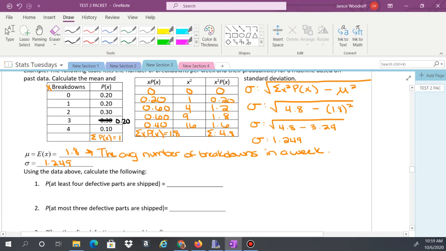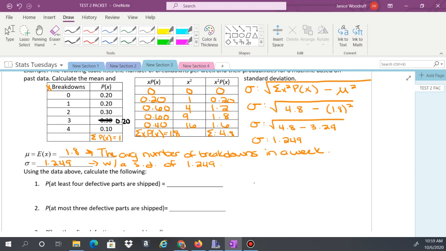So you could add to this sentence, the average number of breakdowns in a week is 1.8 with a standard deviation of 1.249. Okay, so like we said in the very beginning, give or take 1.249 on any given week.